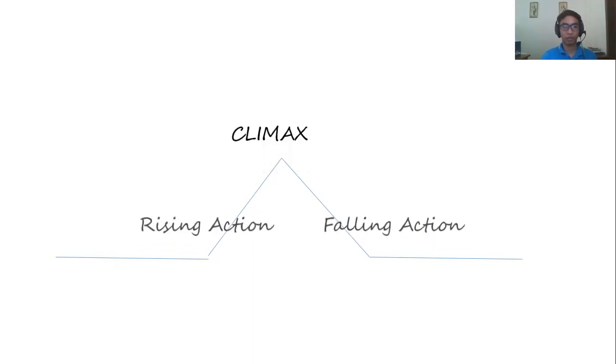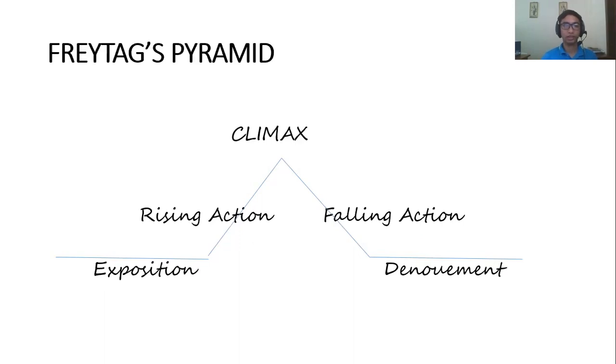So from its name alone, the diagram was adopted. Freytag's diagram is composed of five particular parts. The first one we could see at the left side, that's the exposition.